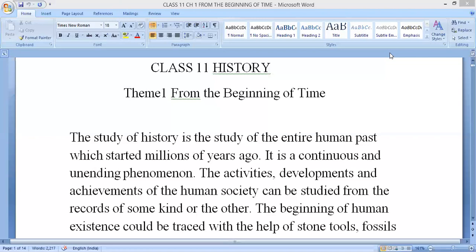Then comes the protohistoric period. Though we have both archaeological remains and the written accounts left by the humans, the problem is that the written accounts, especially in case of India, could not be deciphered so far.